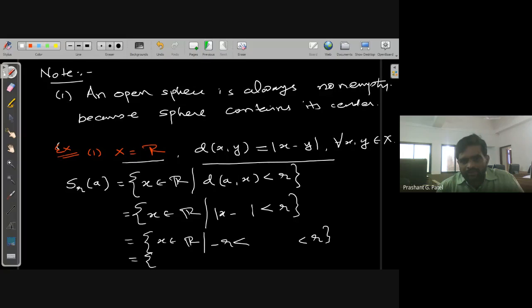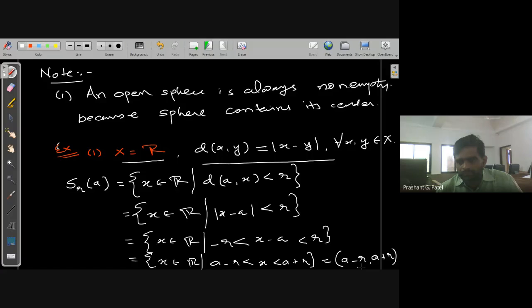Now, if you add a, you will have x between a minus r and a plus r. So this is actually an open interval, that is, (a minus r, a plus r).